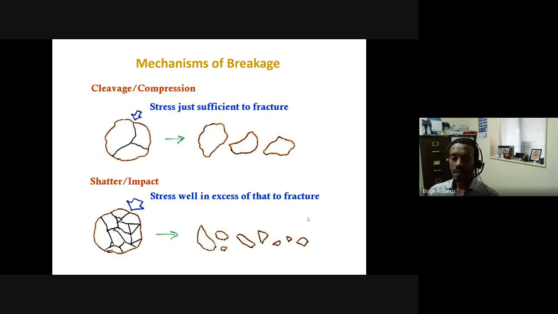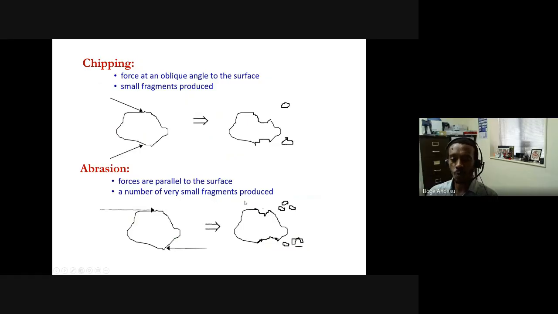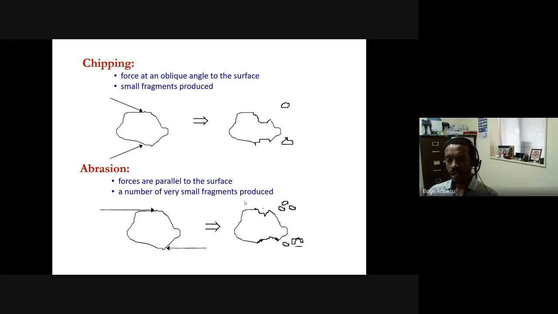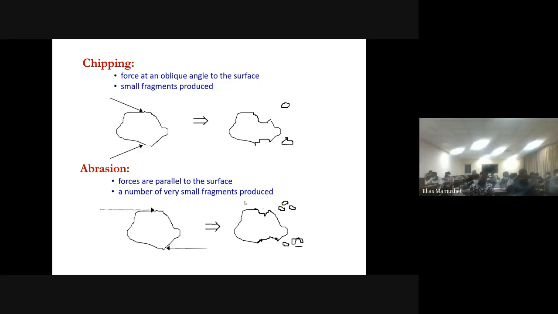But in any case, our crushing and grinding equipment are based on what kind of force is applied inside the crushing chamber. Again, if you take a ball mill or a rod mill, they apply what we call abrasion force to the rocks, because we add balls or rods inside the mill, and those are in continuous rotation inside the mill.